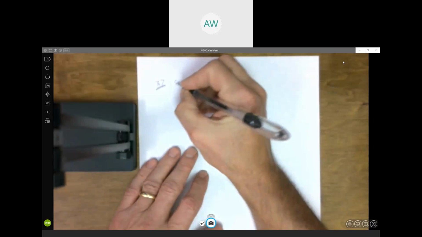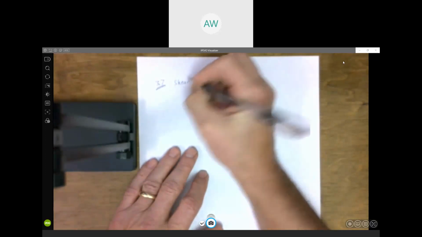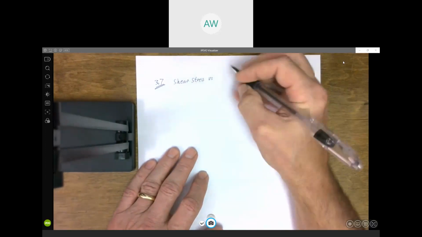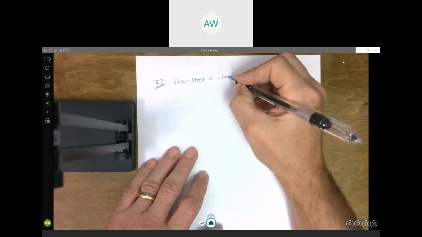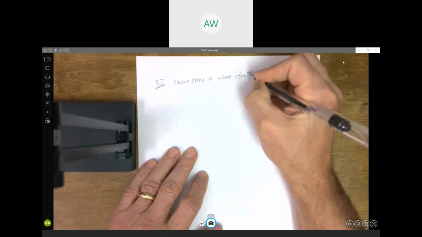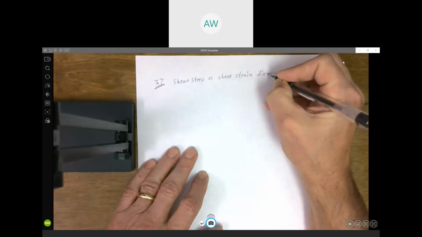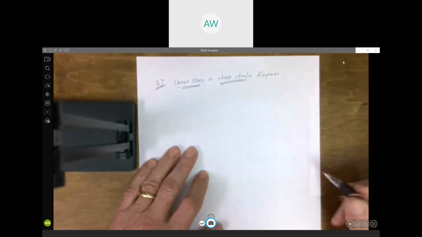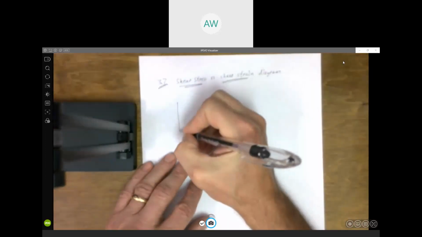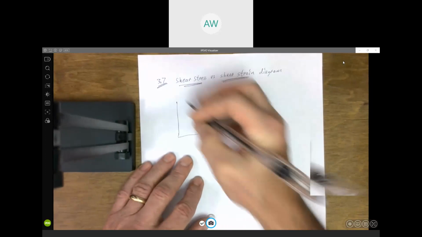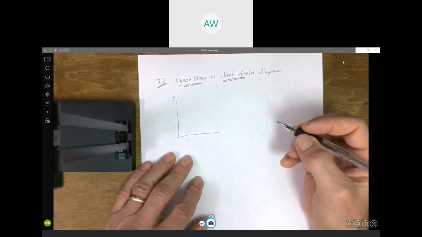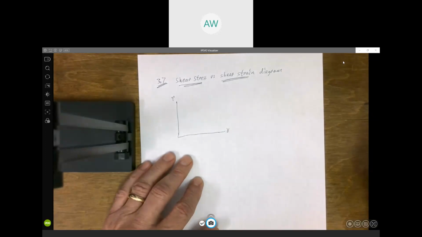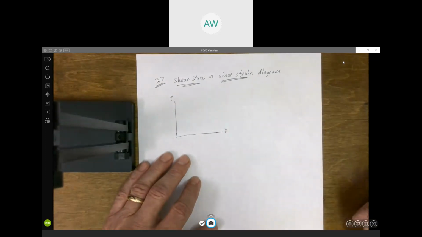But you can have, and you will see, a shear stress versus shear strain diagram. But it's the same concept, but you're plotting shear stress as opposed to normal stress versus shear strain as opposed to normal strain, which we use epsilon.